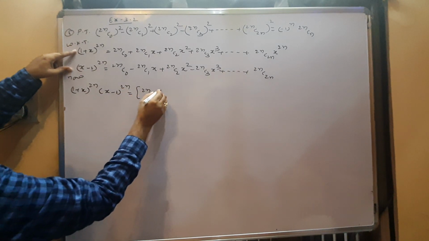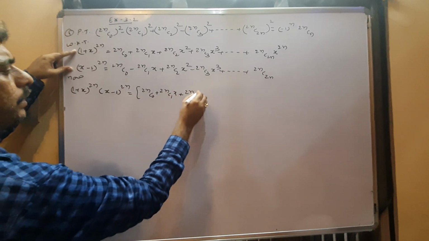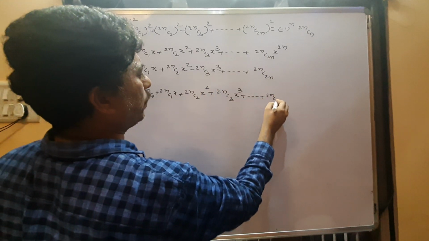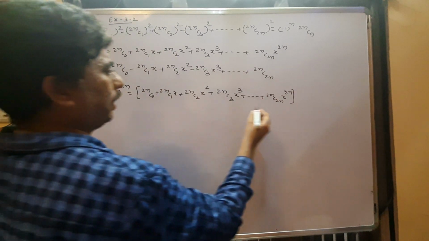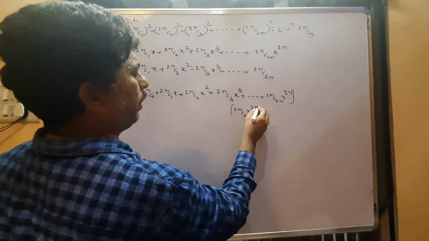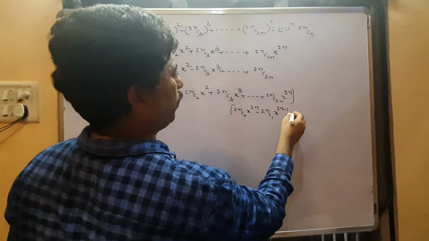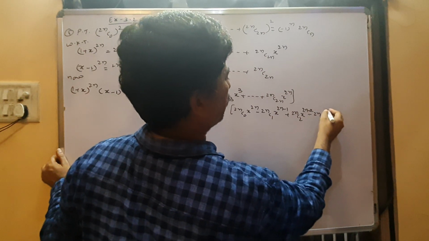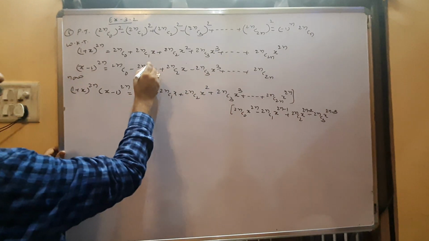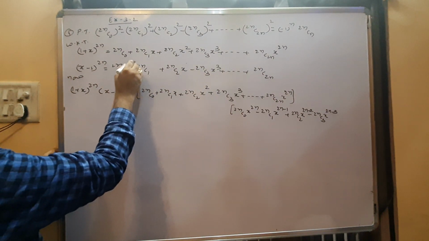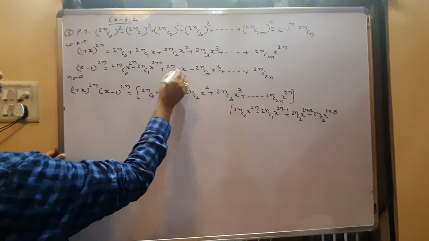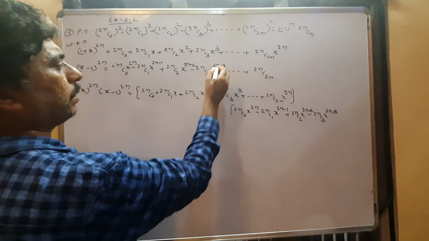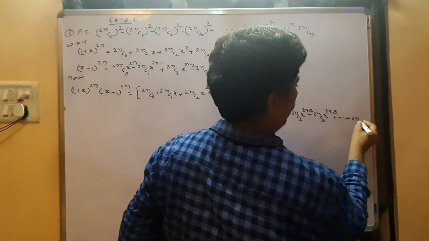That is 2n C0 plus 2n C1 x in the first expansion, 2n C2 x square plus 2n C3 x cube plus and so on, 2n C2n x power 2n, into the second expansion we have 2n C0 x power 2n minus 2n C1 into x power 2n minus 1 plus 2n C2 into x power 2n minus 2 minus 2n C3 into x power 2n minus 3, and so on, 2n C2n.